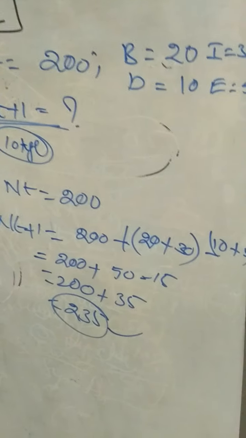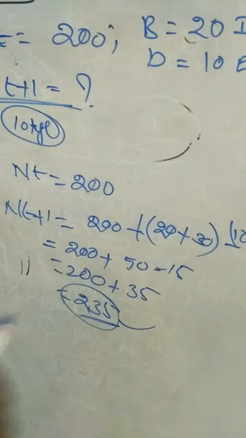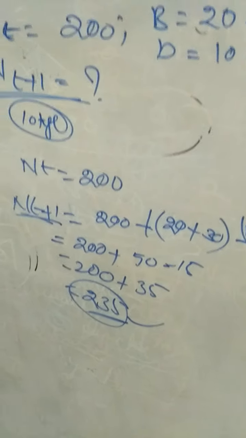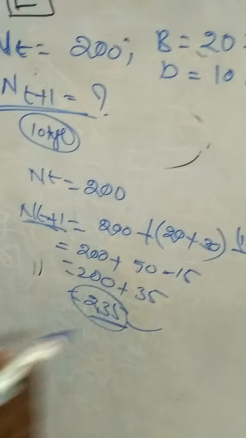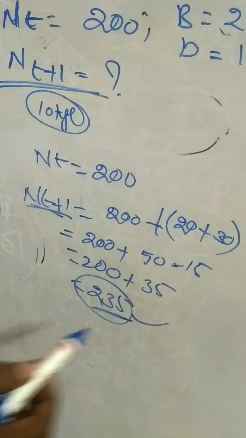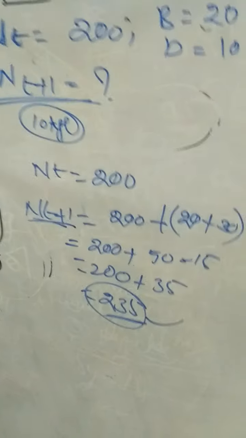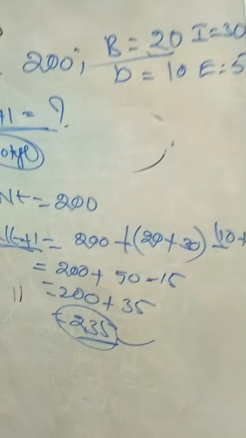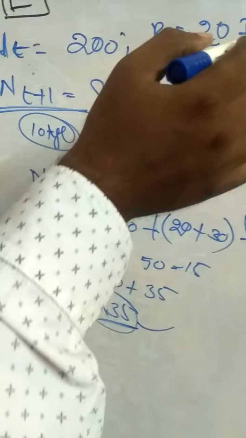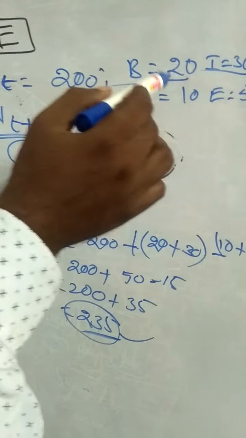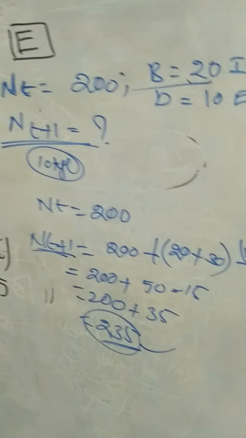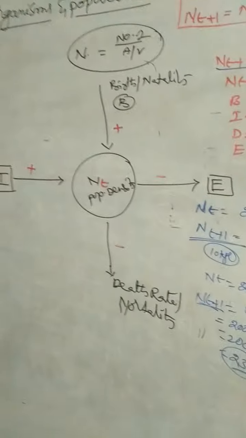According to this sum, the total number of individuals, or population density, at Nt plus 1 is equal to 235. That means the number of individuals increases. Why does this number increase? It depends upon the birth rate and immigration. That is about the calculation of population density.